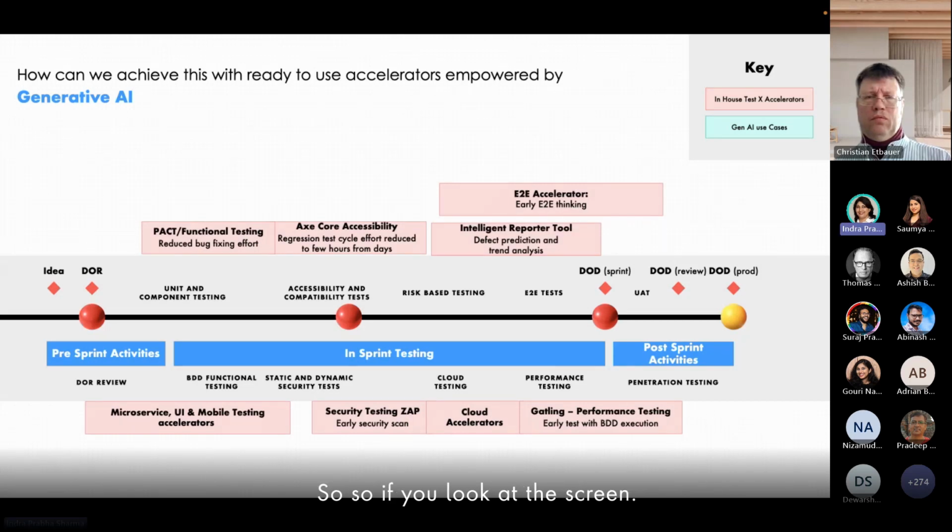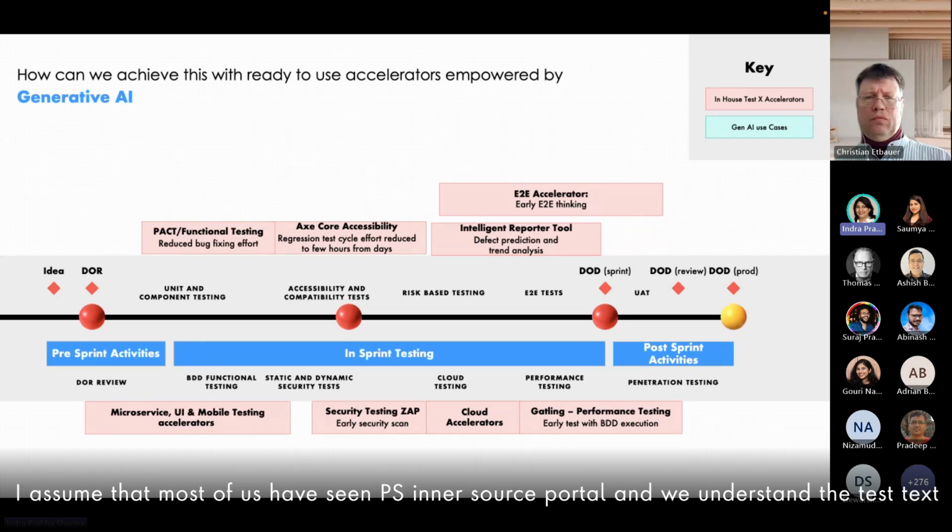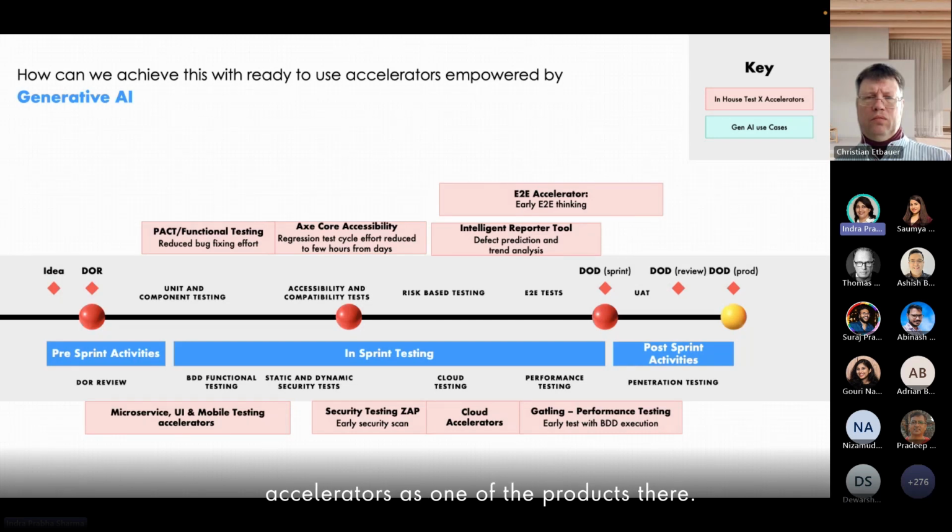So if you look at the screen, these are some of the examples of accelerators in PS Inner Source. So probably I'll ask a question later on. I assume that most of us have seen the PS Inner Source portal, and we understand TestX accelerators as one of the products there.